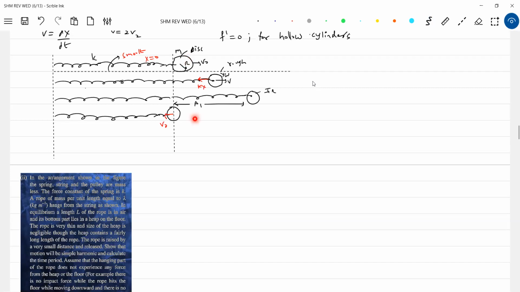Net work done should be 0. Will there be any angular velocity for it? No. We'll try to analyze the problem from here. Given only linear velocity.